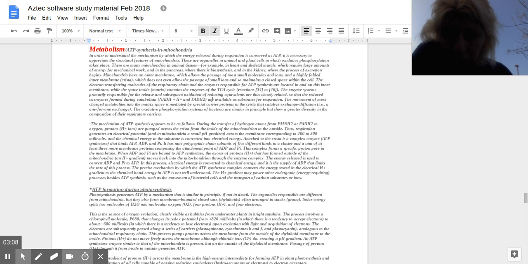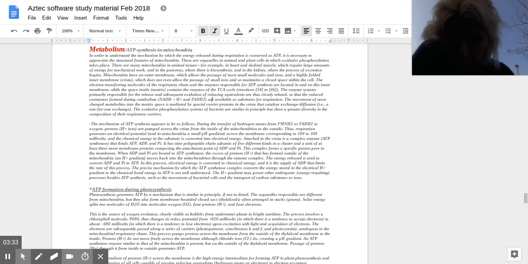Thus, respiration generates an electrical potential and, in mitochondria, a small pH gradient across the membrane corresponding to 200 to 300 millivolts. And the chemical energy in the substrate is converted into electrical energy.